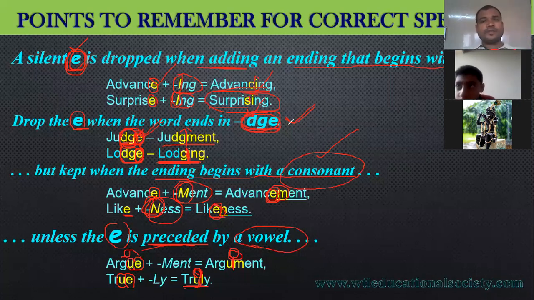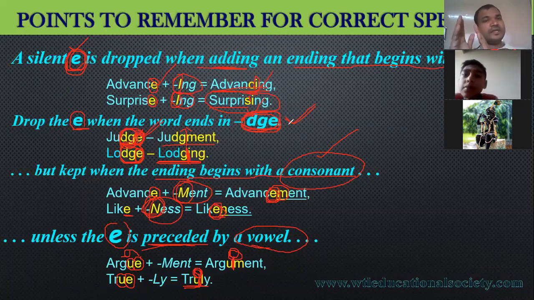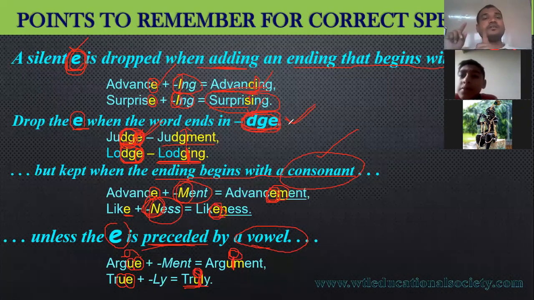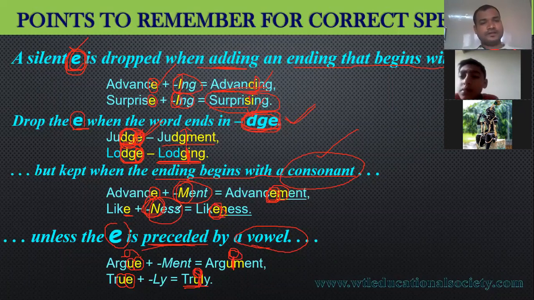Second point, if the word ending is E, same way, but the suffix beginning is not a vowel, if it is a consonant, in that case we have to keep the letter E the same. This is the point we discussed just now.